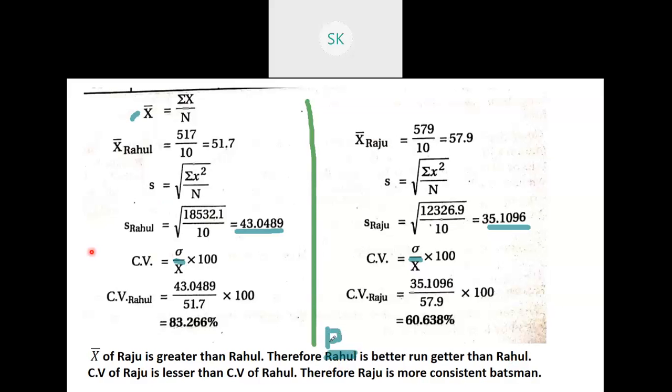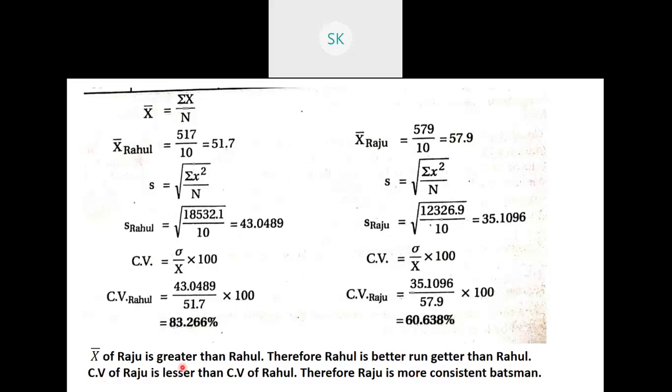So Raju is a better run getter. Why is he a better run getter? Because the X bar of Raju is better than Rahul, greater than Rahul. Therefore, Raju is the better run getter.